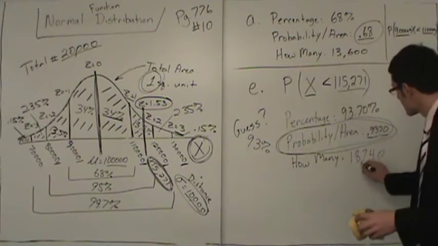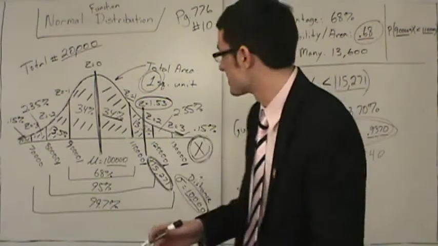So we get 18,740 batteries as the total number of batteries in this batch.